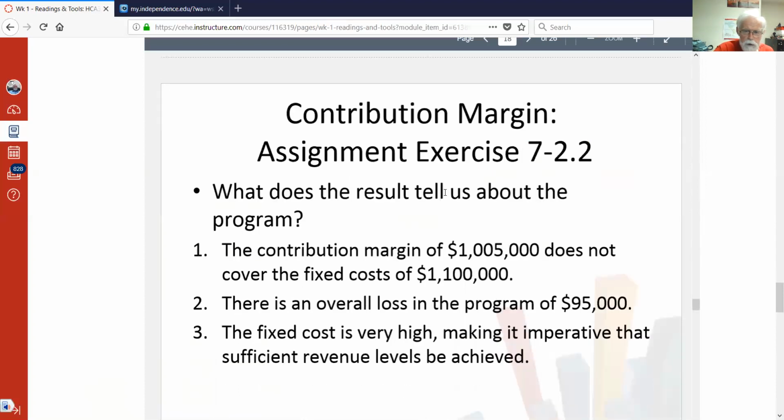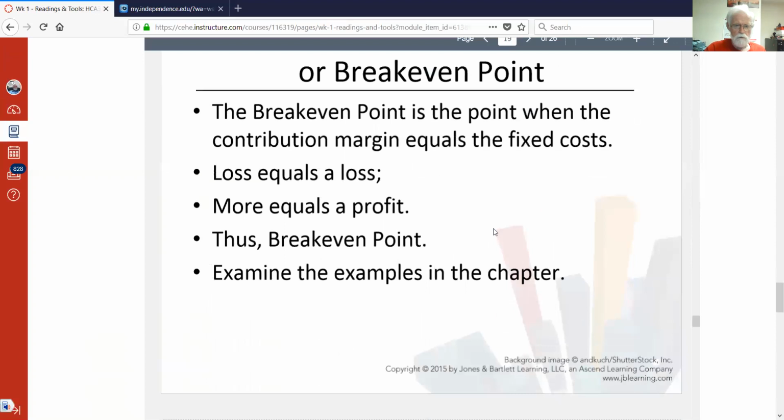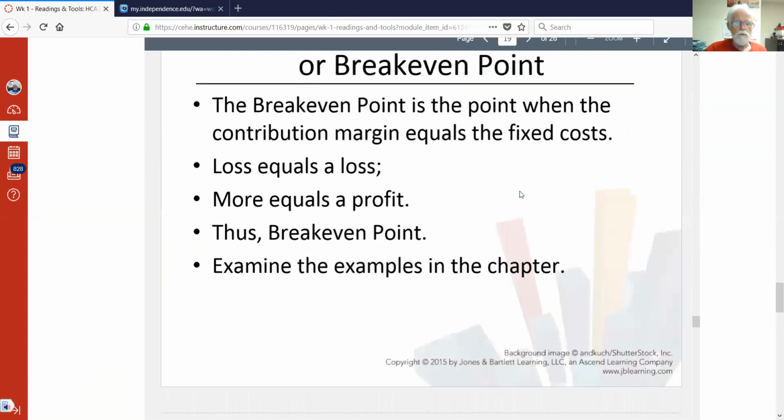Okay. So the contribution margin is something, cost volume profit ratio, the break-even point is the point when contribution margin equals the fixed costs. That's fairly even. So if we understand our fixed costs of running, say, an OR, we can calculate what we need to have left over after the variables.